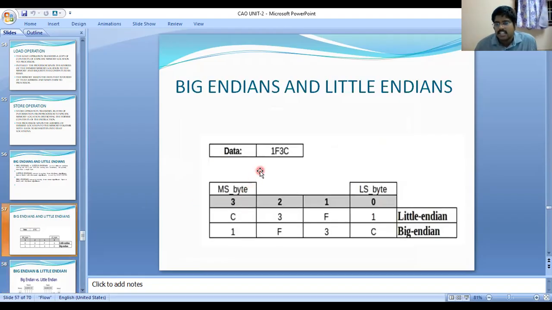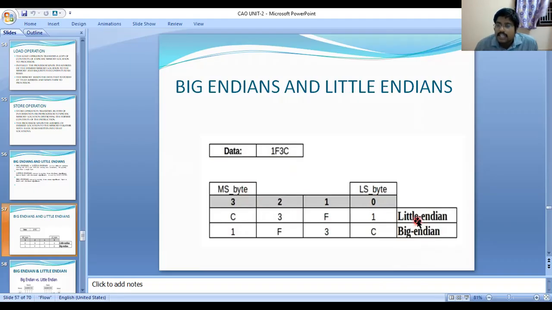Here is one more example. I have a value of 1FC3. This is a hexadecimal number. If I follow little Endian, these are the address locations: 0th address, first address, second address, third address. LS means least significant byte, MS means most significant byte.